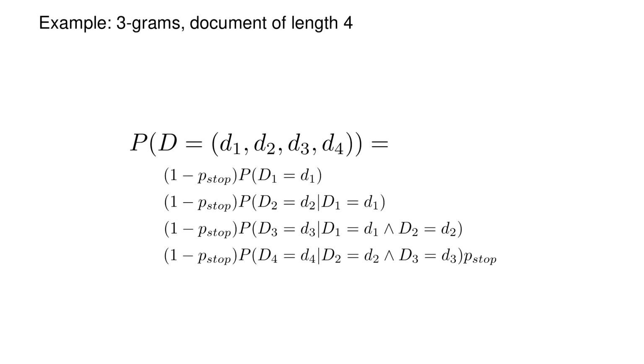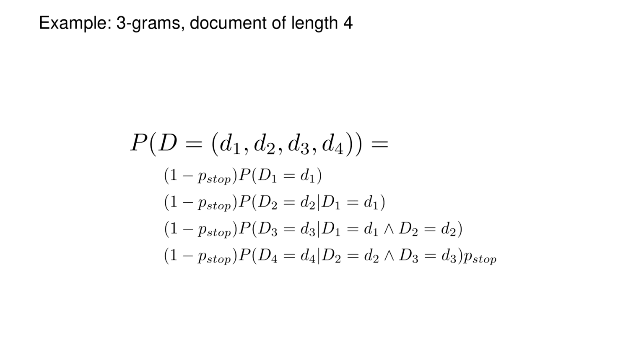And so now if I do that, let me have a window, a memory of 2 words. I only remember the previous 2 words. If I want the probability of generating exactly documents D1, D2, D3, D4, for example 4 words, then you get that. It's my chain rule, exactly the chain rule, but now I put this 1 minus P stop.